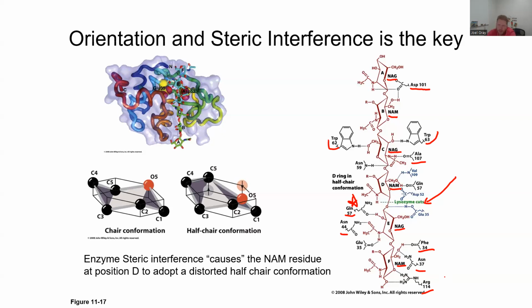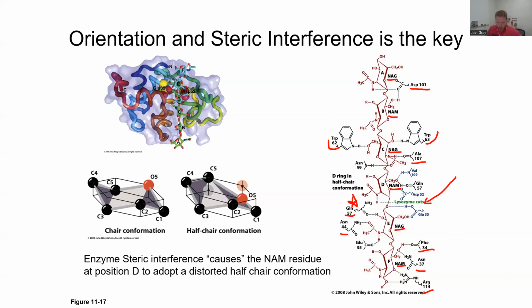Now, what I want you to recognize about this is, let's see, I'm going to count that off. There's 1, 2, 3, 4, 5, 6, 7, 8, 9, 10, 11, 12, 13, 14, 15, maybe 16. A quick count, there's 16 different amino acids that are identified as establishing a bond between our substrate and the enzyme itself.